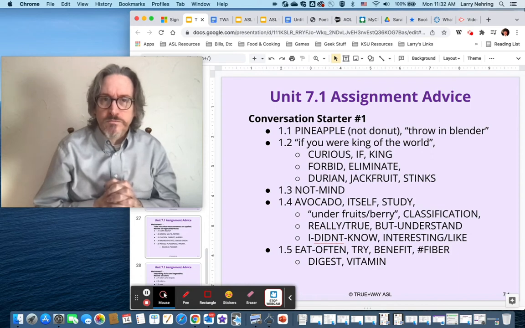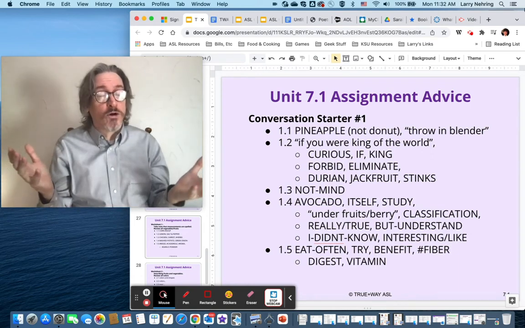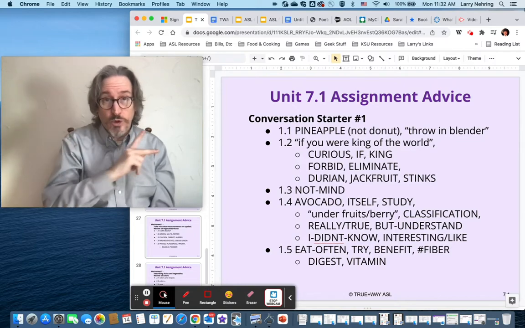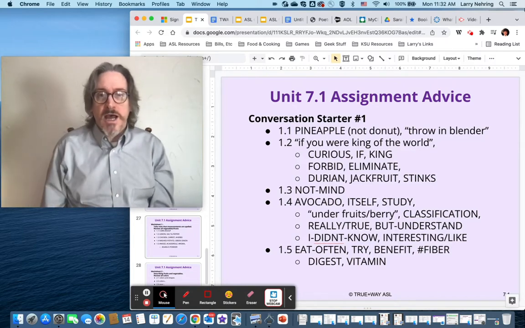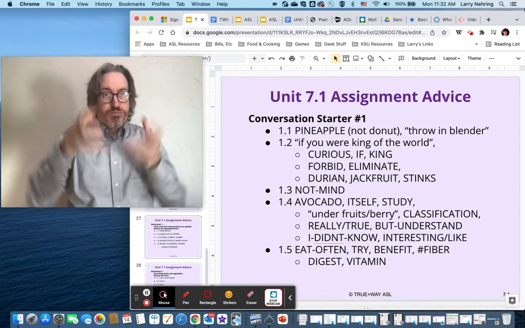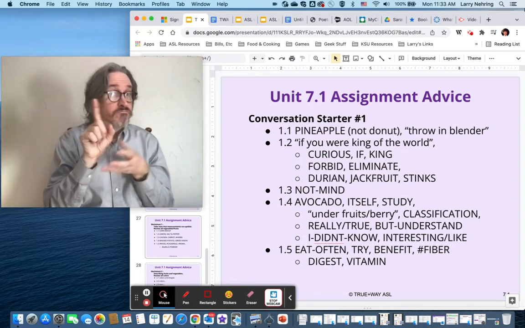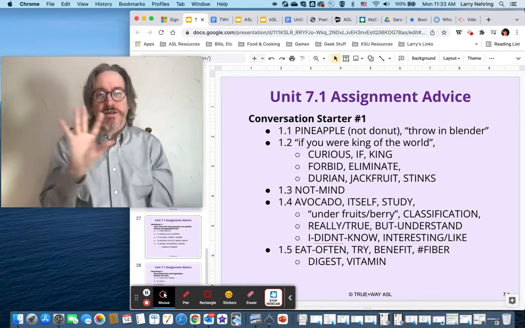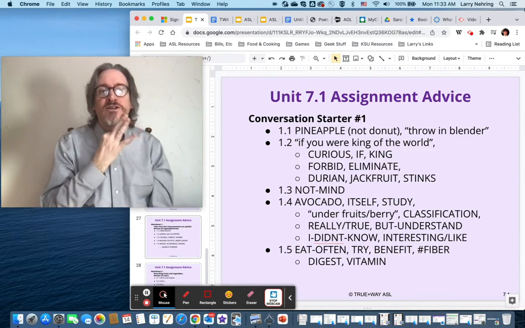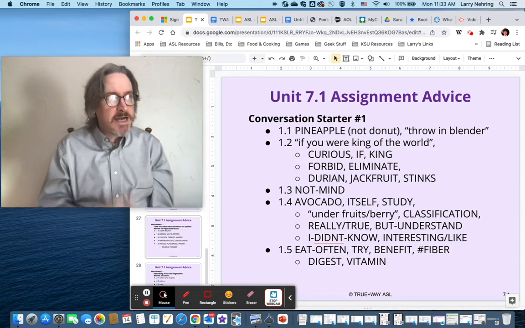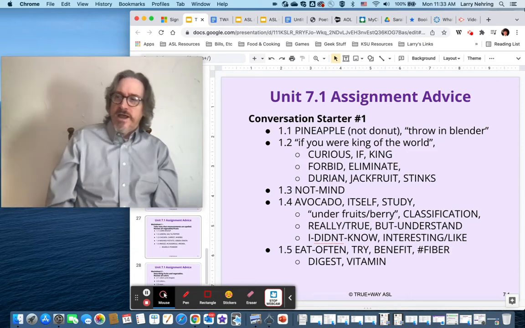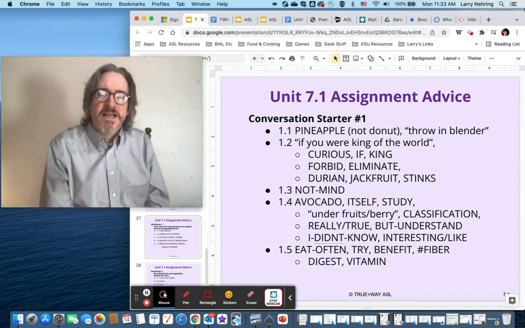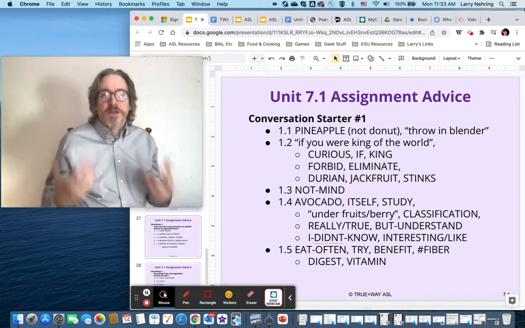So it's if you were king of the world, and he signs if you were king, and then he does like earth, boom, and you're up on top. He also starts out and ends with this, and it's like twisting your Adam's apple. It's a sign in ASL for curious, and oftentimes people will say, "I'm curious," but it literally means that.